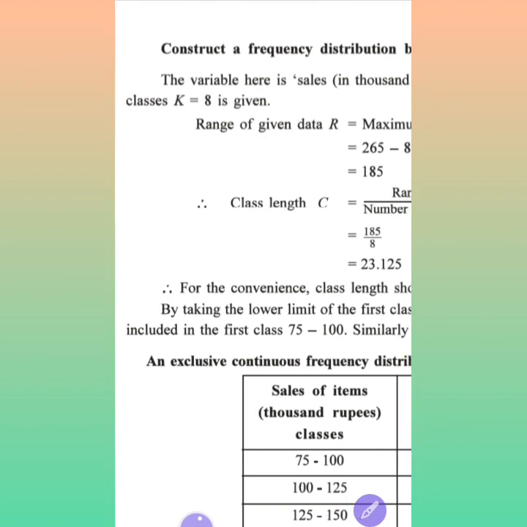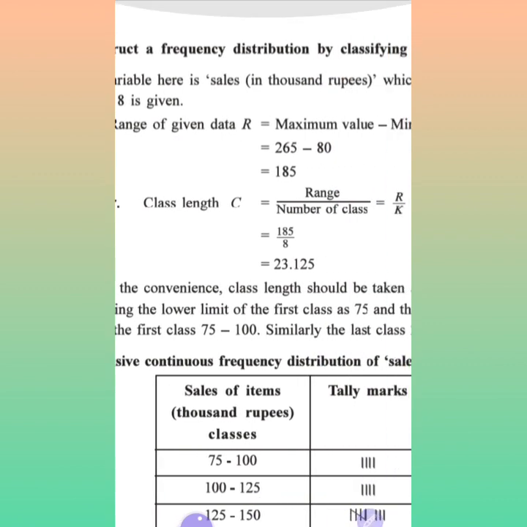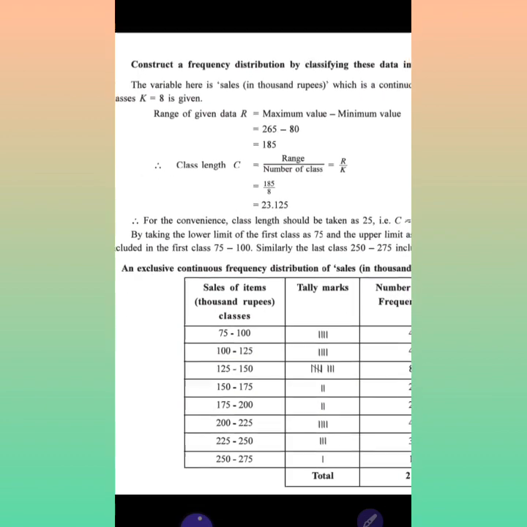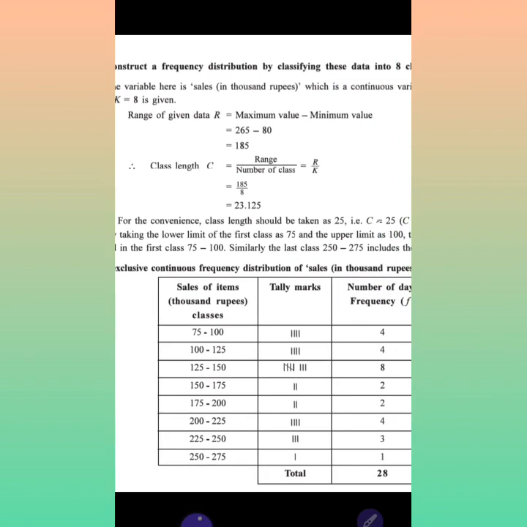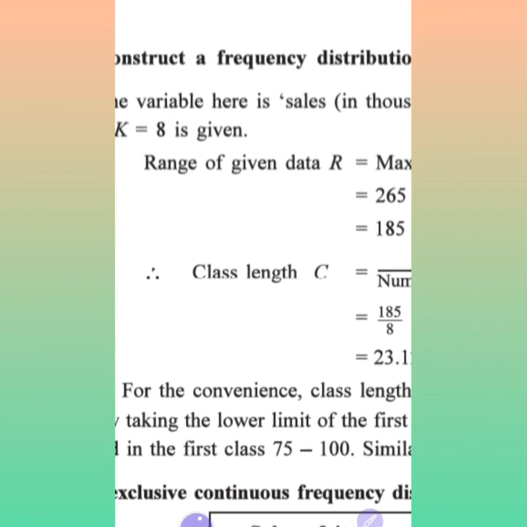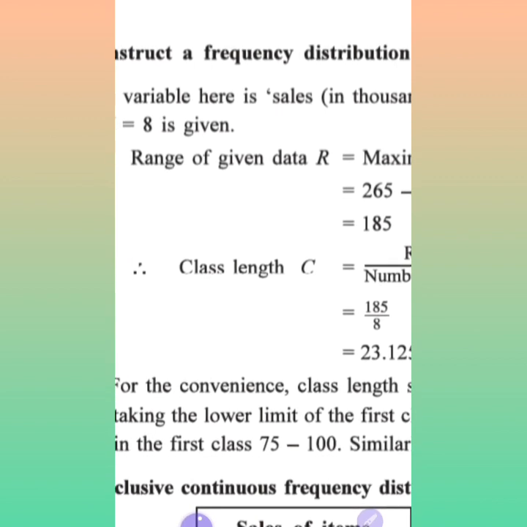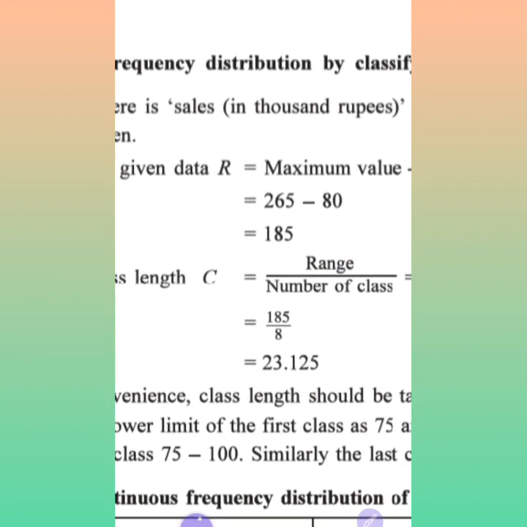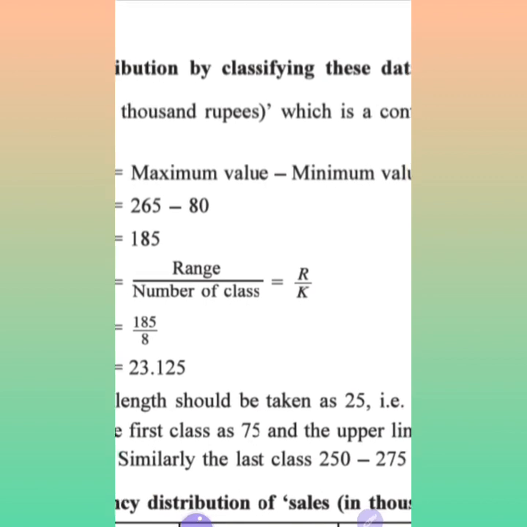Now we shall find out what the range is. Range, we have seen, is always the highest observation minus the minimum observation. The range is also denoted by capital R, that is, maximum value minus minimum value.